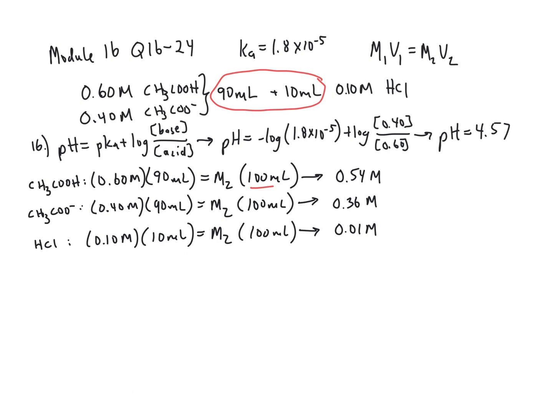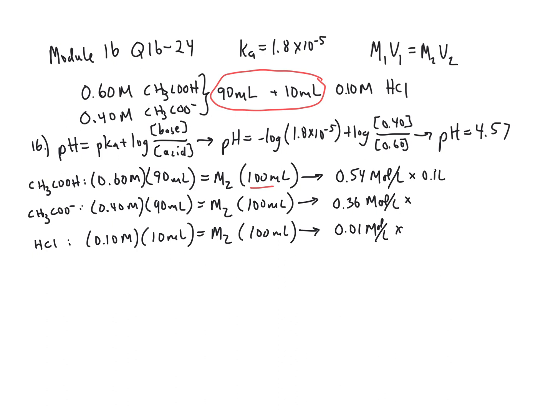So for questions 18, 19, and 20, they ask us for moles. Molarity is what we have right now. We don't have moles, but we can find moles because molarity is simply moles per liter. So to find moles, we can simply multiply by the volume that we have in liters.